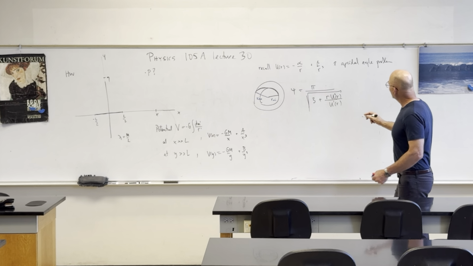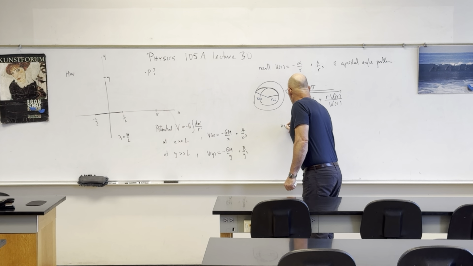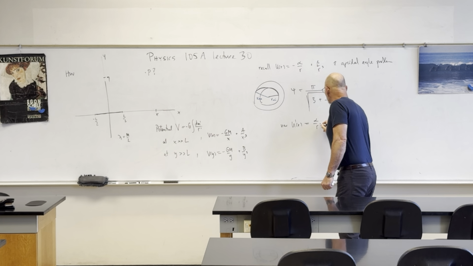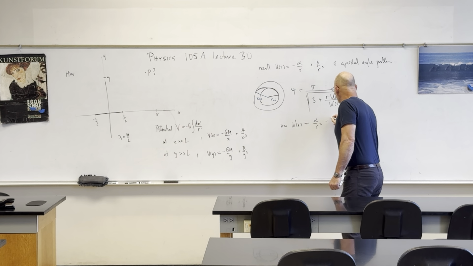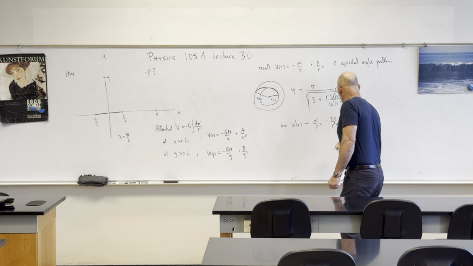Good. So now we have to take a couple of derivatives. U prime of R, we get alpha over R squared minus 3 beta over R to the fourth.